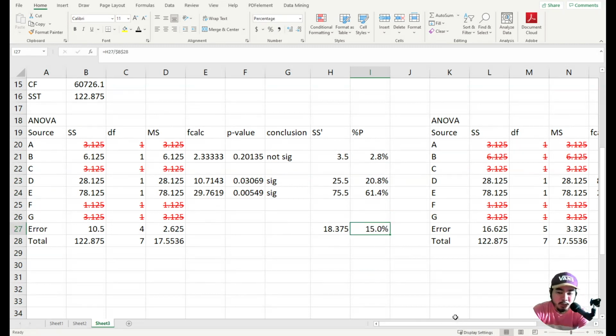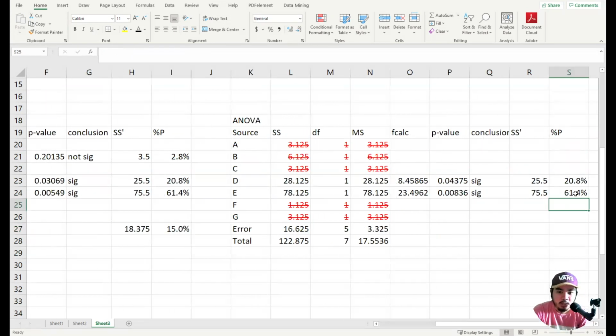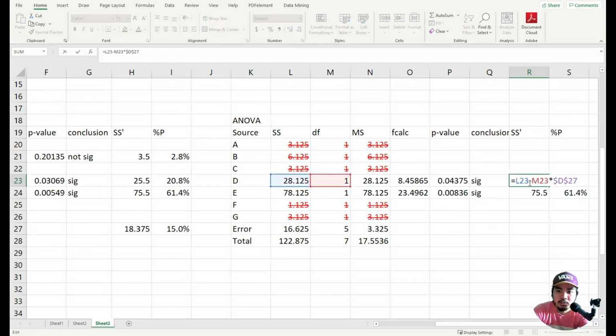Since we have pooled, that 15% is due to the pooled factors, which are considered in this experiment as noise only, because they are non-significant. Okay, so if we did it like this, let's check.